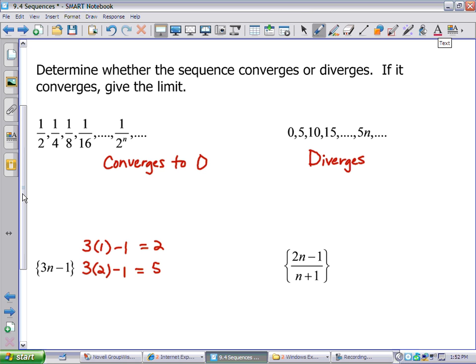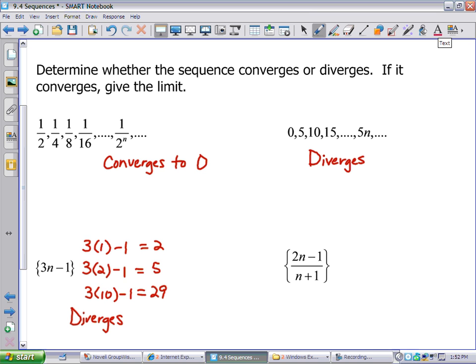Let's say we plug in 10. 3 times 10 minus 1 is 30 minus 1, which is 29. If you notice, it's going to continue to get bigger and bigger. The number that you plug in for n is just going to continue to get larger as we head to infinity. So this one, again, diverges. It does not have a limit.